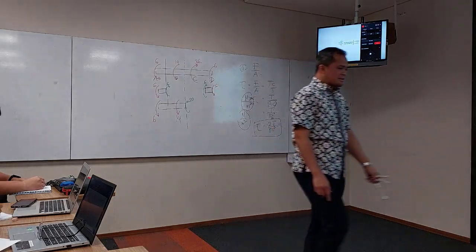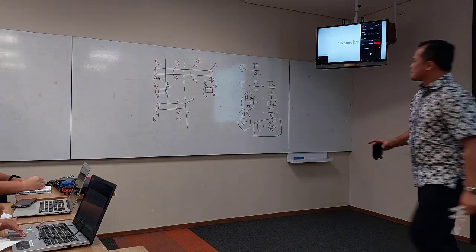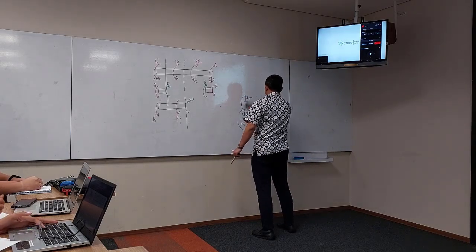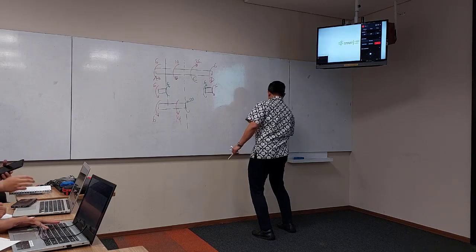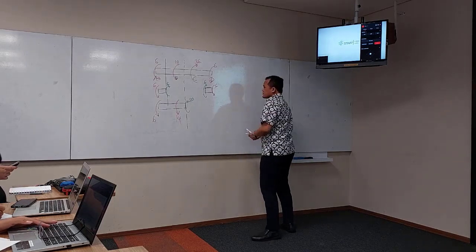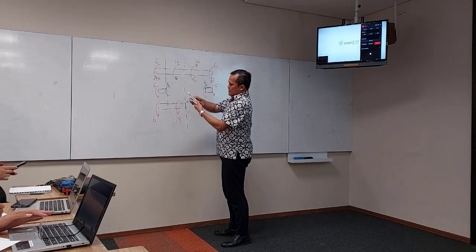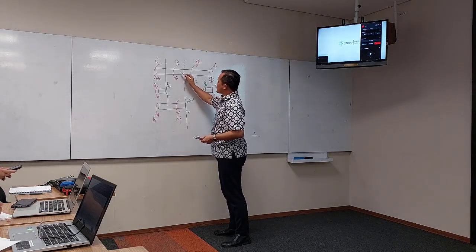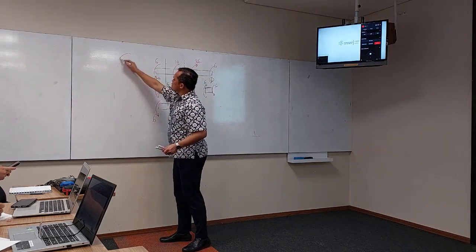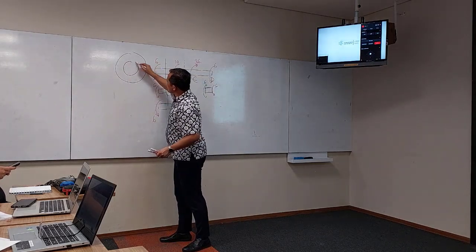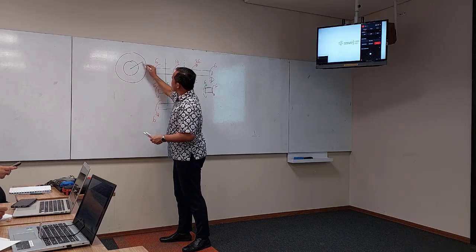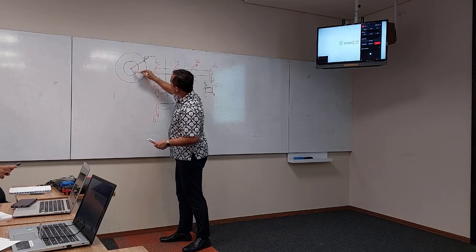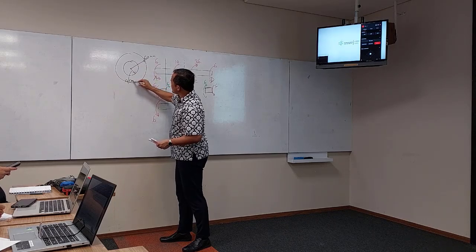Determine tau max. The shaft at BC is a hollow shaft, 60 millimeter, 45 millimeter.